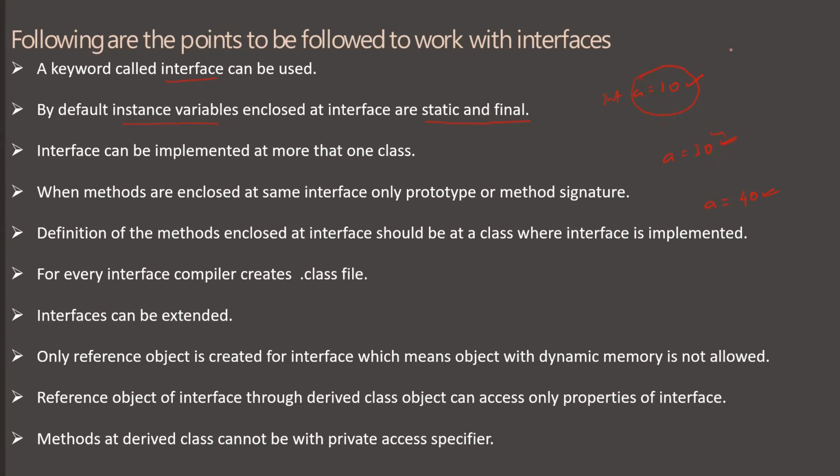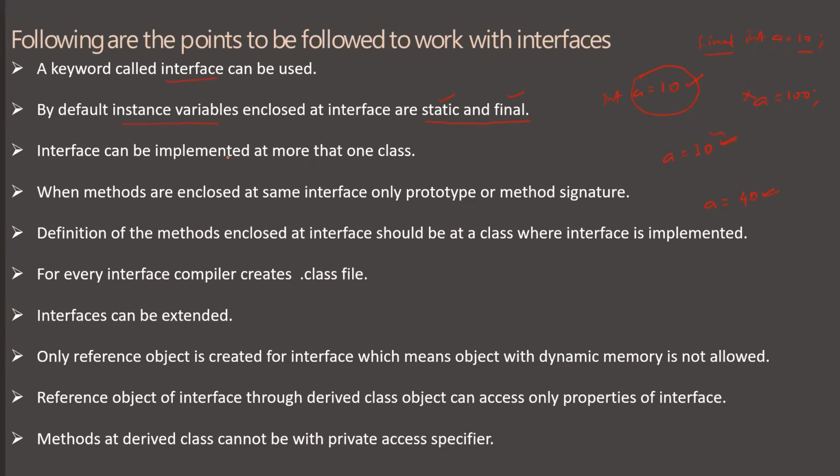Whereas if you declare a variable with the final keyword, final int a equals to 10, and somewhere in the program you try to modify a equals to 100, it is going to be invalid, because the value given using the final keyword is finalized. It can't be modified. So interfaces use static and final instance variables.